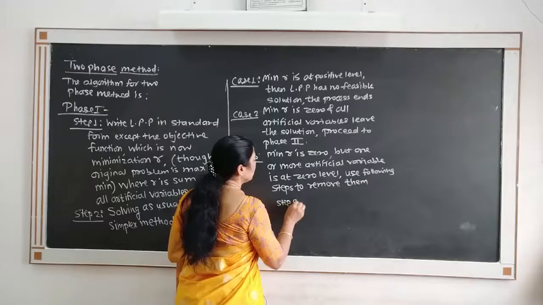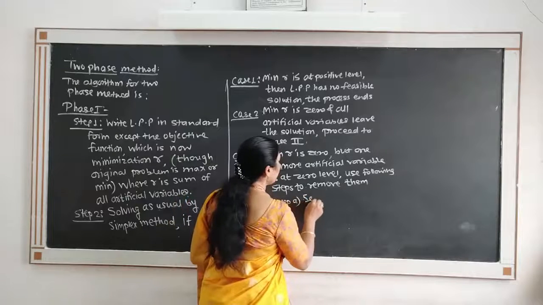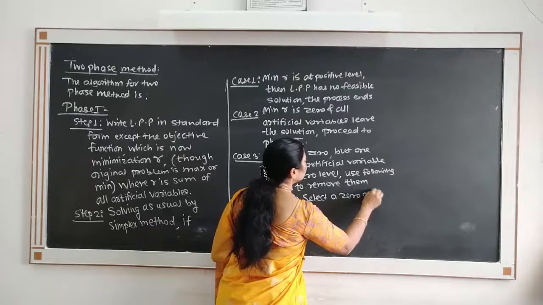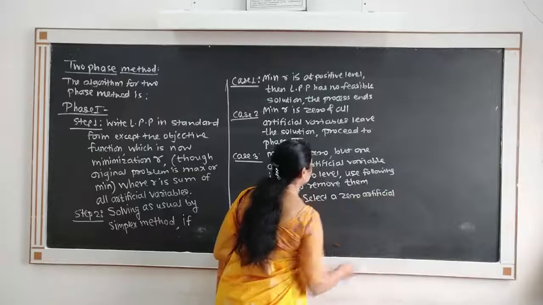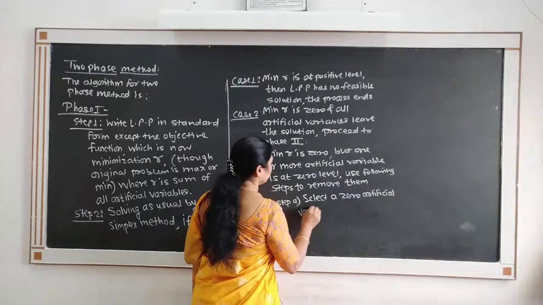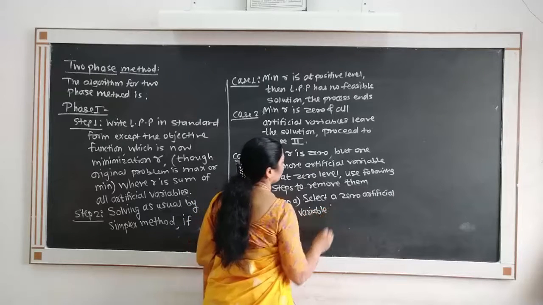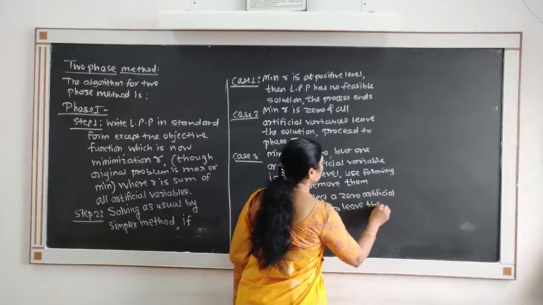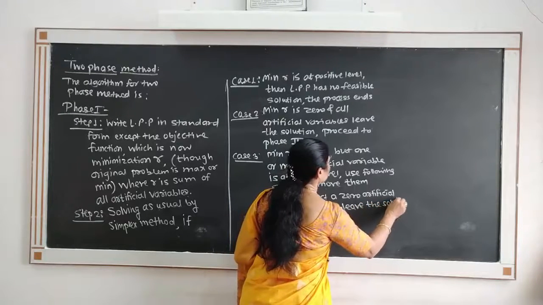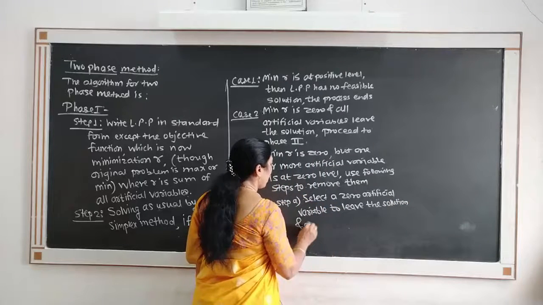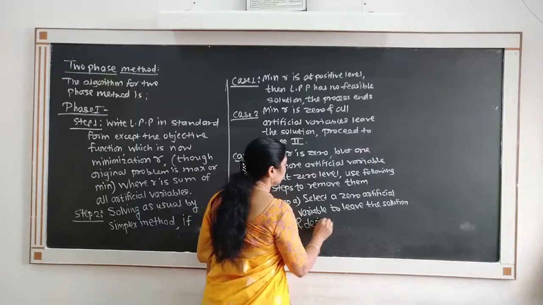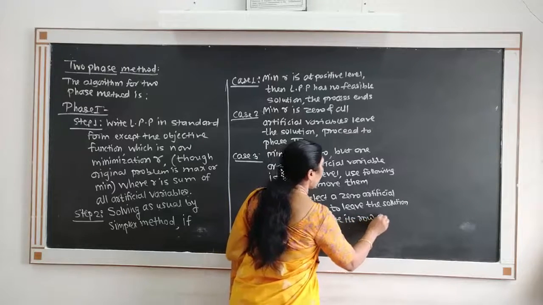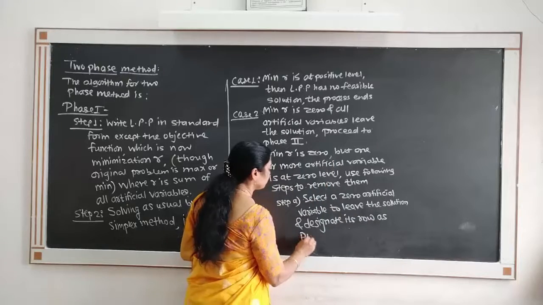Step A in this is, select a 0 artificial variable to leave the solution, its row as pivot row.